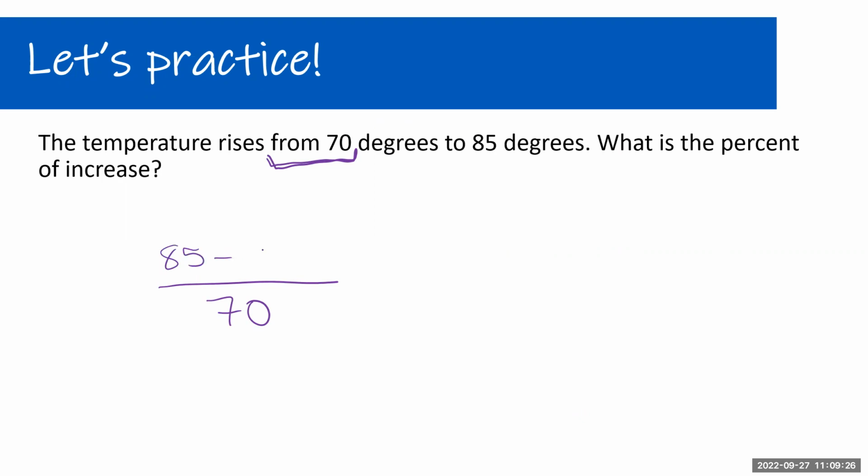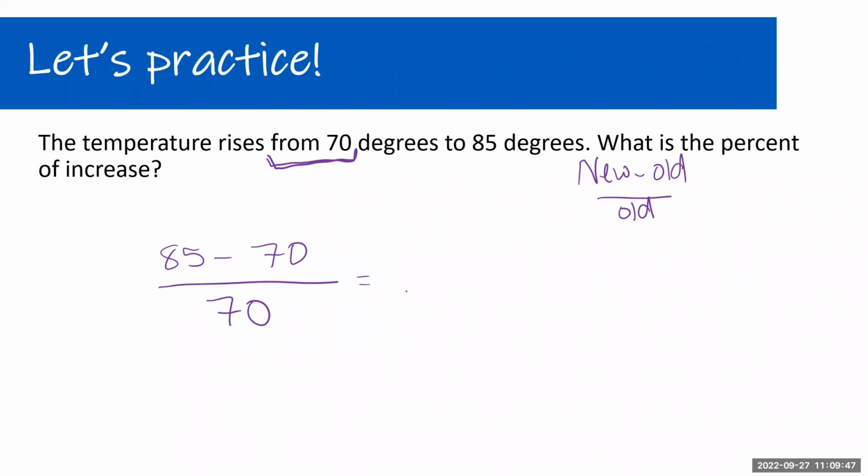We can say our new minus our old divided by our old. That's kind of how I learned it, okay? So new minus old over old, if you're talking about something changing over time. So now it's 85, it was 70, and we're going to compare that to what it was at 70.